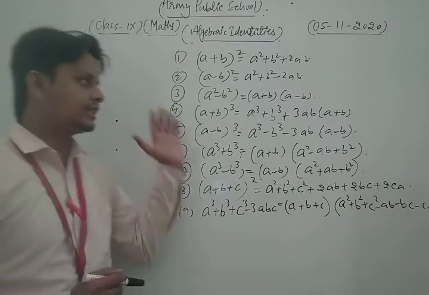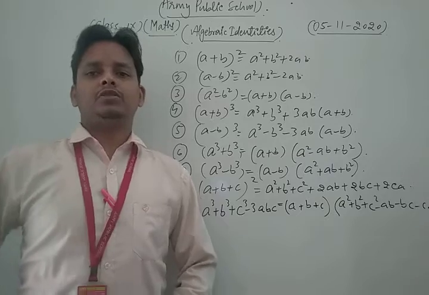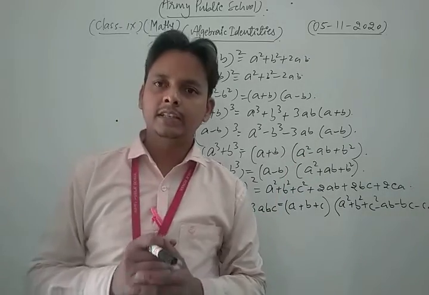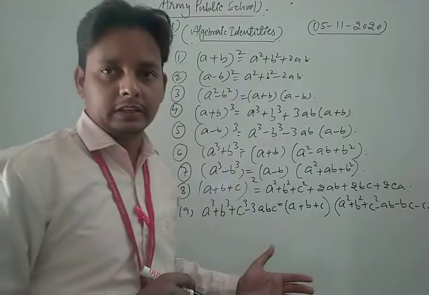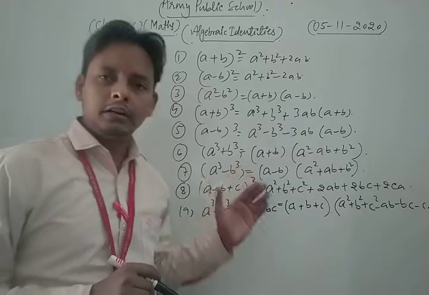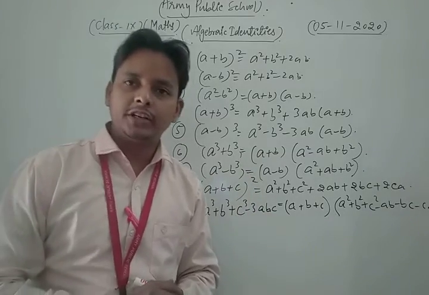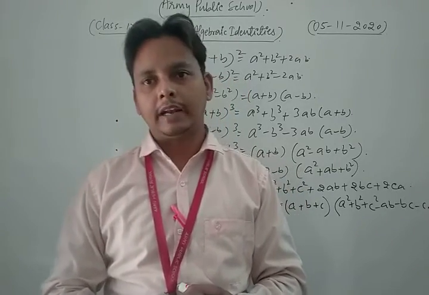Okay, so dear students, these are nine very important algebraic identities of your syllabus, and in your NCERT exercise there are maximum questions based on these identities. So please learn all these algebraic identities, then you can solve each and every question of your NCERT exercise based on algebraic identities.